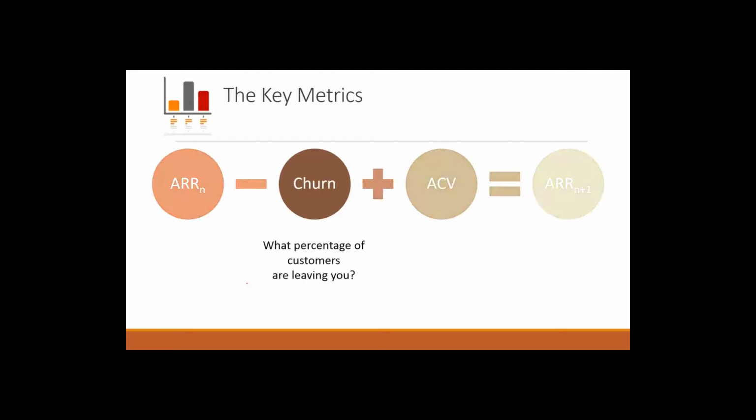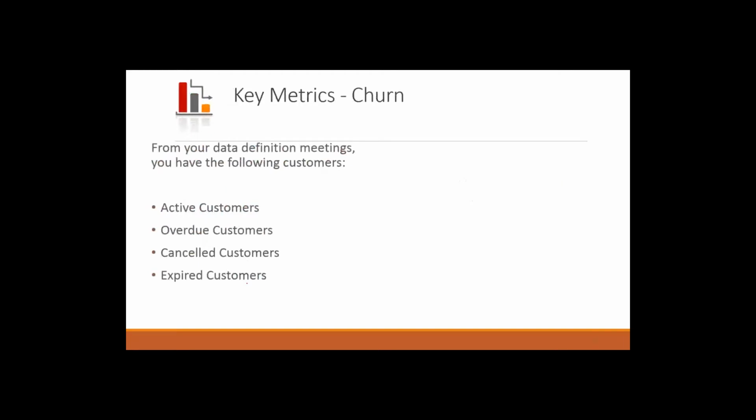So we're going to talk about churn now. You've got to talk with your business about churn because there are some things you've got to define. Let's say I had a series of meetings with my business, and I've come up with the fact that we need to be able to create counts for these 4 types of customers: active, overdue, canceled, and expired.